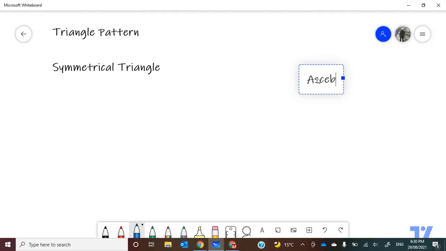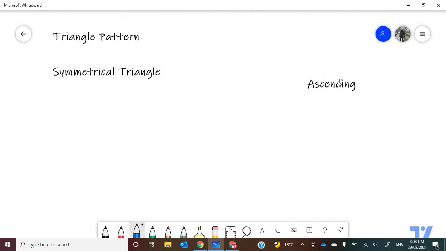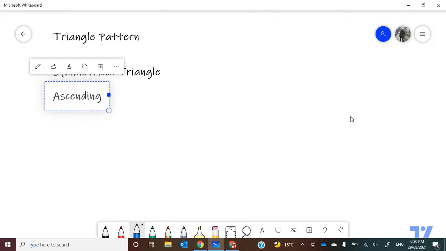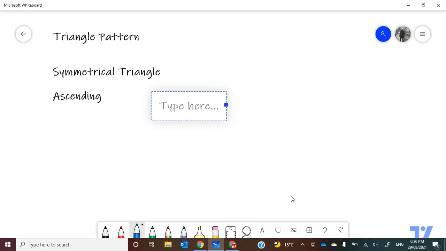So we'll be ascending, and also we have another one called descending triangle.